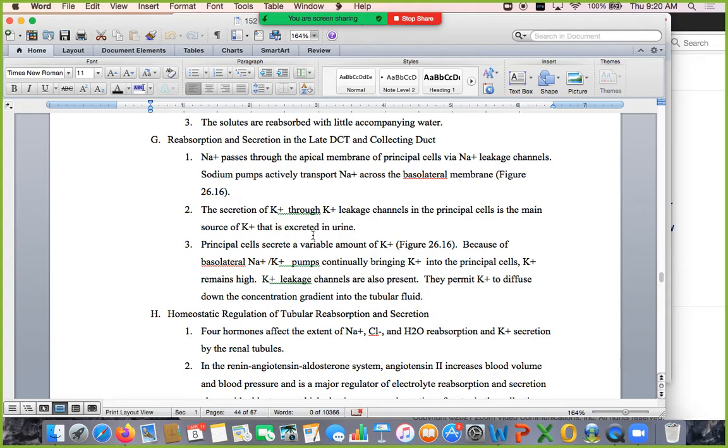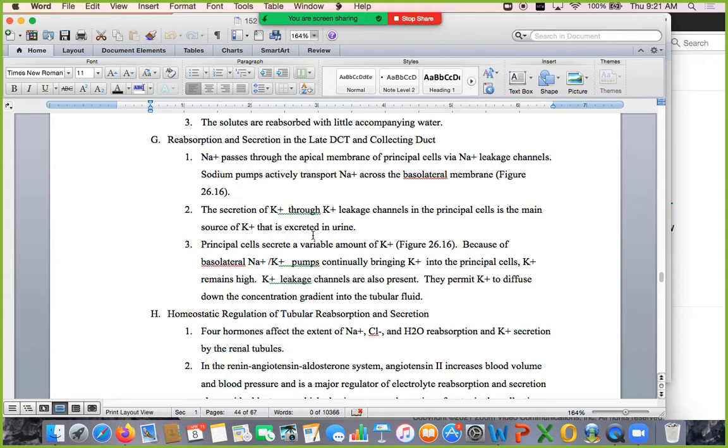Angiotensin 2 is responsible for blood volume regulation, so it's going to increase your blood volume and therefore increase your blood pressure. And it does that by retaining more water, right? So it's going to be a regulator of electrolyte resorption, and when we resorb electrolytes, water will follow. And that's going to increase resorption of water in the collecting duct. We also have ADH, which is responsible for increasing water resorption by increasing the water permeability in particular cells, the principal cells.